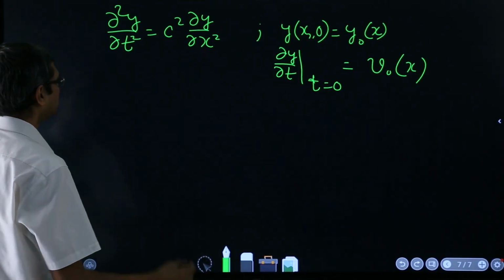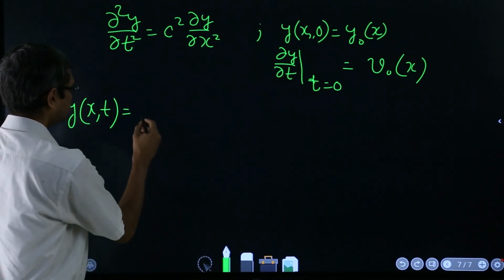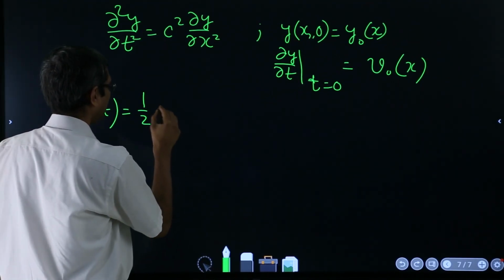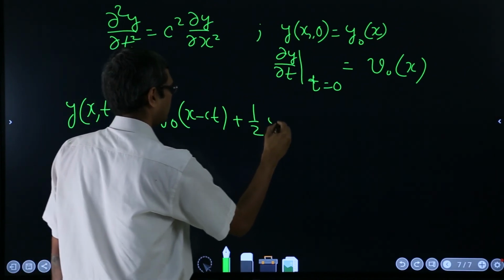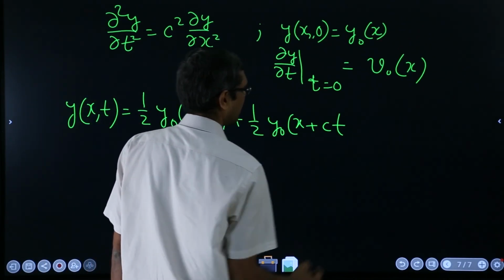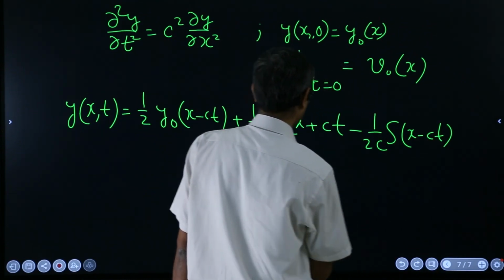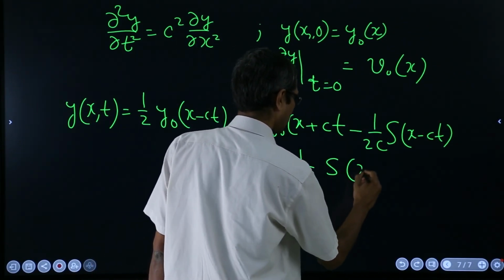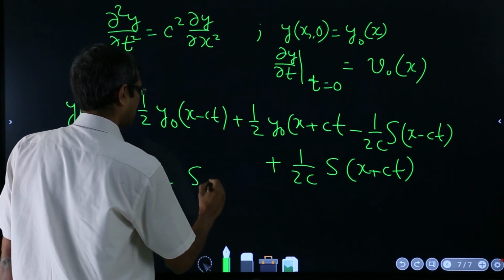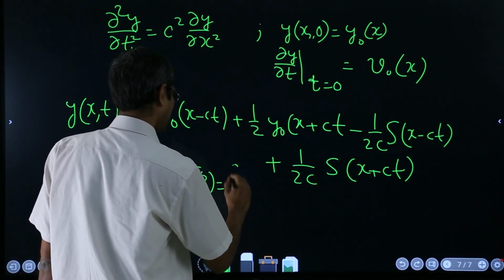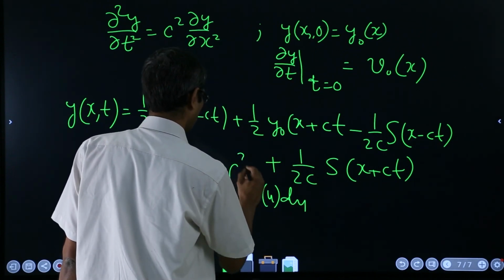These are the two initial conditions. Then my solution is equal to half y naught of x minus ct plus half y naught of x plus ct, minus 1 by 2c S of x minus ct plus 1 by 2c S of x plus ct, where S of z is equal to the integral of v naught of u du from 0 to z.